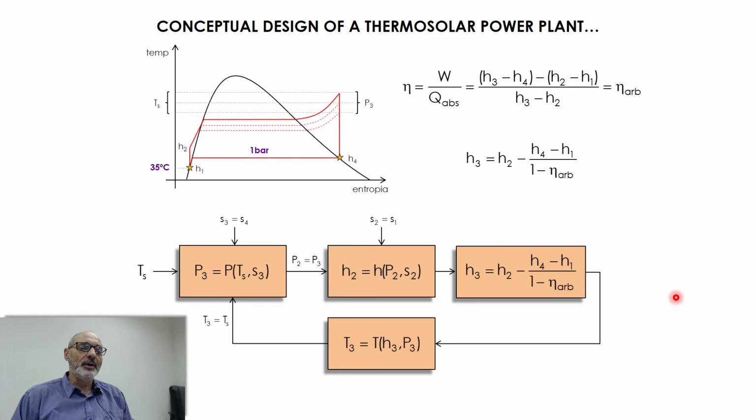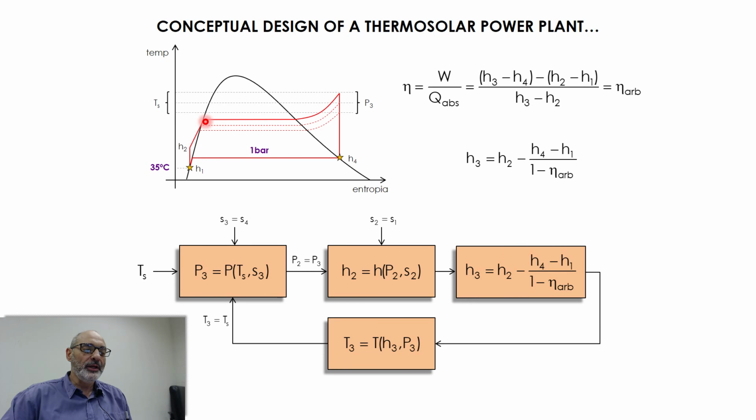So let's start making some calculations. Let's look at the thermodynamic cycle. What do I know about this? I know that the temperature here in point 1 is 35 degrees. I know the pressure, 1 bar.